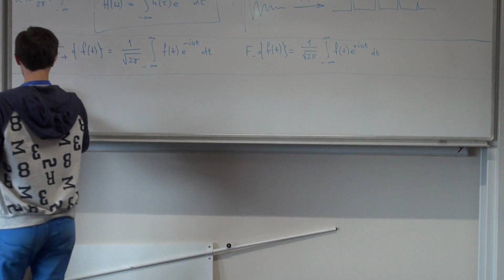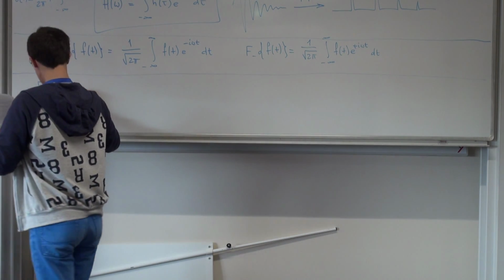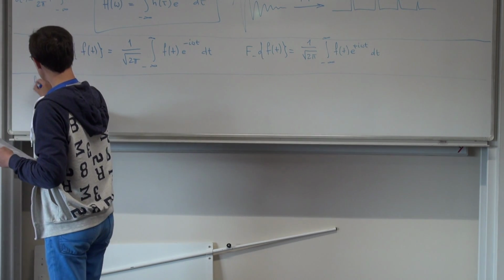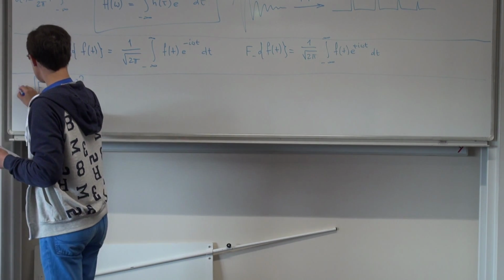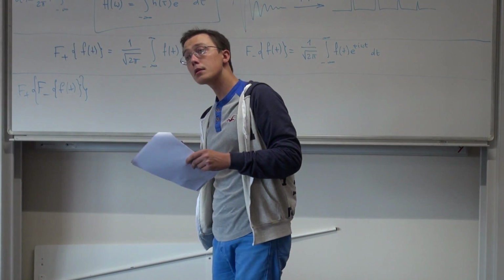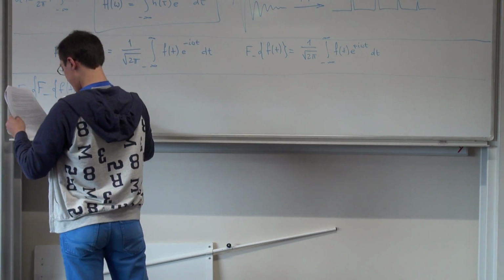So let's apply first the inverse Fourier transform to some function, f of t, and then apply a forward Fourier transform to the result, F plus, and see whether or not we recover the original function as a result.